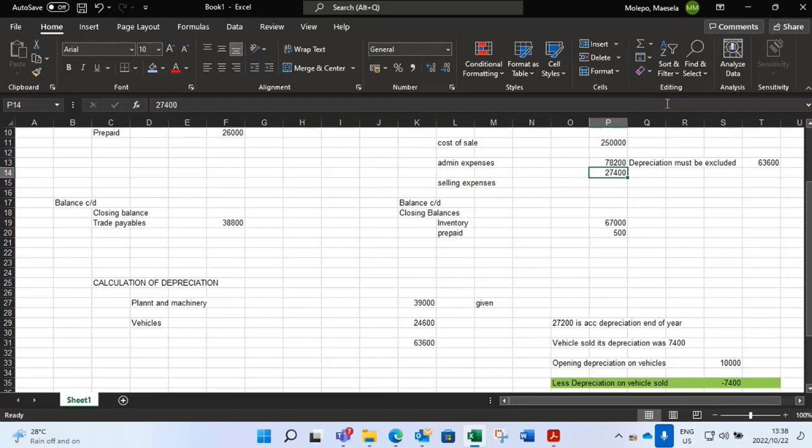So we're all happy. So the selling expenses is given as 87,400.